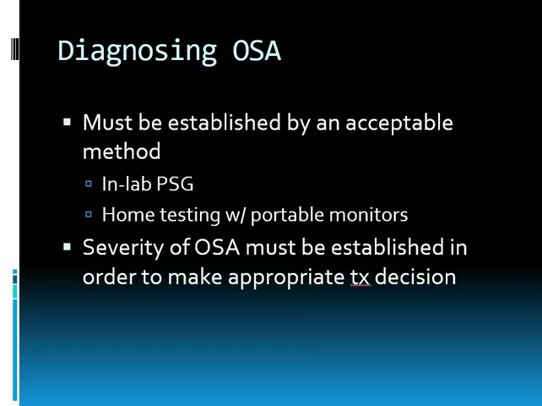So in order to diagnose OSA, it has to be done by an acceptable method, so either in-lab sleep study or home sleep testing, and then with that, determine the severity of the disease in order to make an appropriate treatment decision. So we've talked about PAP before, and we're going to continue that discussion as the summer goes on, but there are other treatment options. It's just they are limited by the severity of the disease and the patient's history.